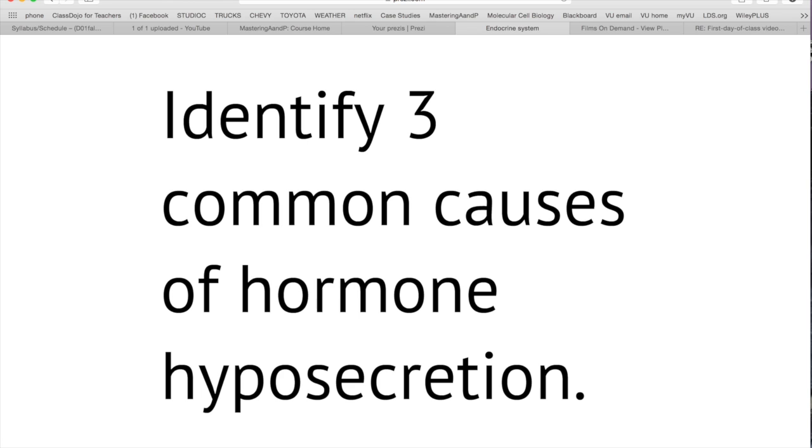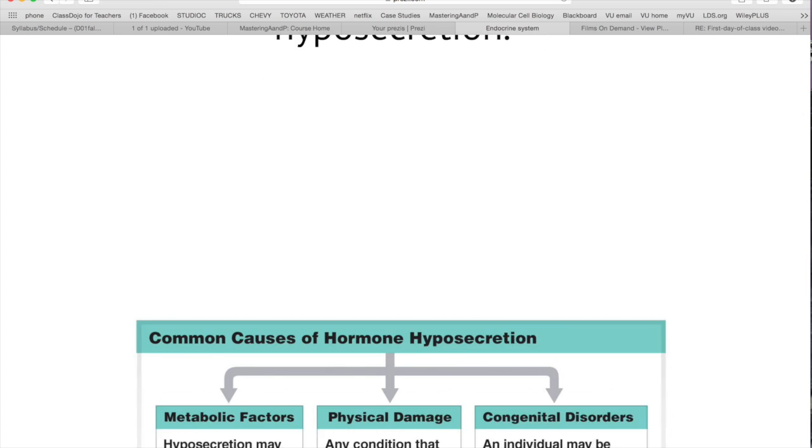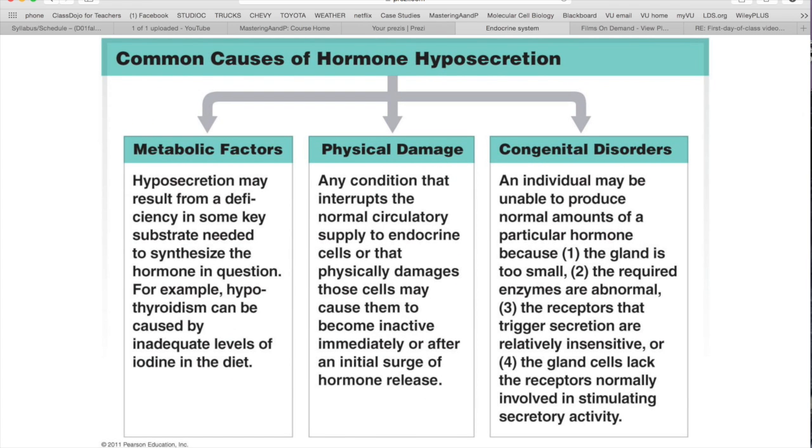Three common causes of hormone hyposecretion, so not enough hormone being released. The first would be metabolic factors. An example of this is thyroid hormone. To produce that, you need iodine, and if you don't get enough iodine in your diet, you can't produce thyroid hormone. It could be physical damage. If an endocrine organ doesn't have enough blood flow, or if it's damaged somehow, it's going to become inactive.